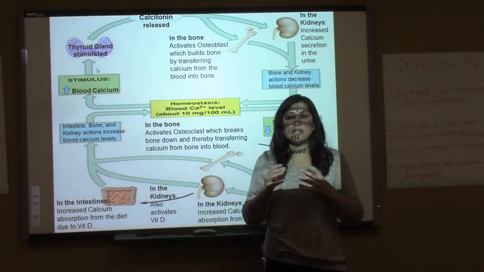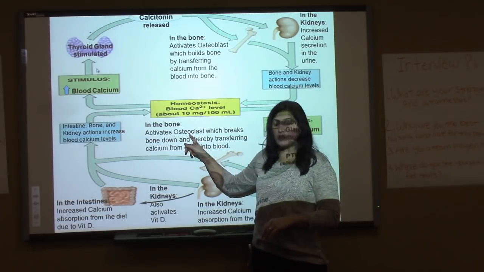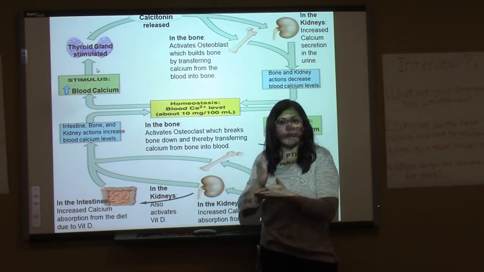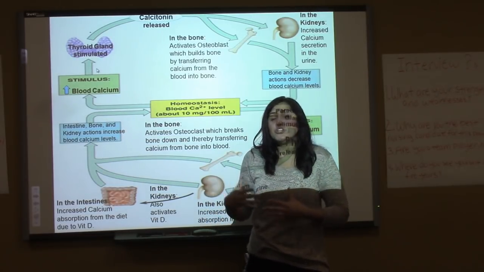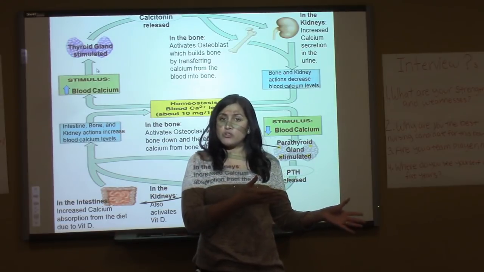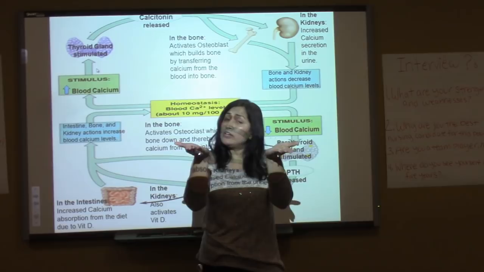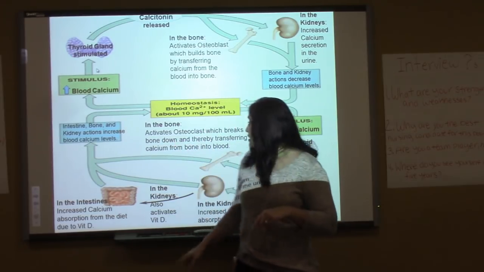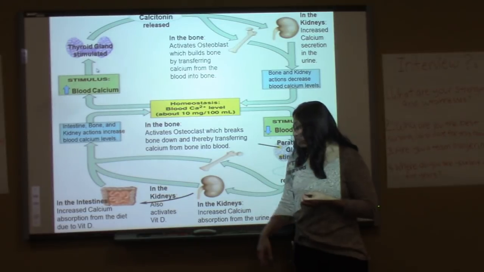Osteoclasts are bone cells that break bone down. Osteoclasts start to cut bone. Once you cut bone, calcium is released. Where do you think this calcium is going? It enters the bloodstream. So by calcium entering the bloodstream, your calcium levels start to increase. So that's one way: it causes your bone to be broken down.